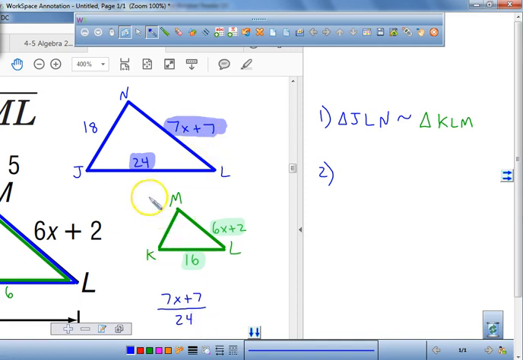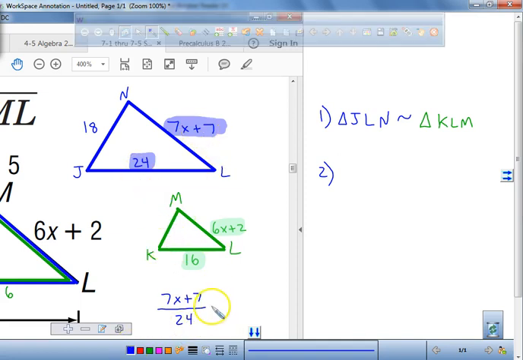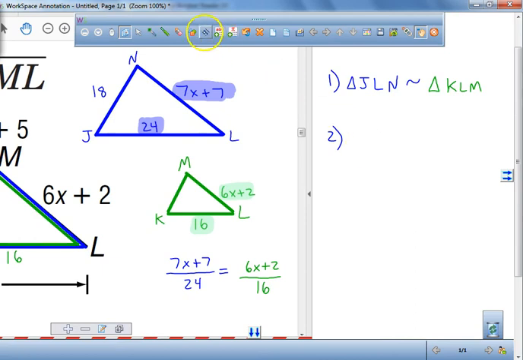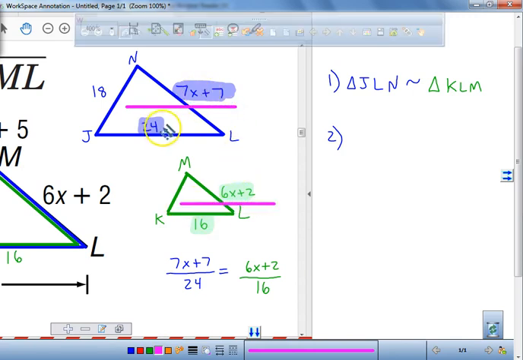So this one over this one, we're going to compare it to 6x plus 2 over 16. You don't have to do this on your paper, but basically this proportion sets itself up. This over this equals this over this.